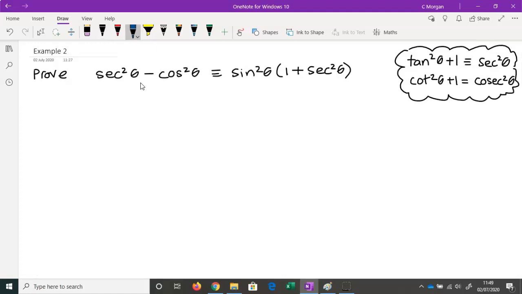Now, I wonder how many of you looked at the left-hand side and thought, oh, look, that's the difference of two squares. If you did that, this is what would happen. You'd end up getting sec theta subtract cos theta multiplied by sec theta add cos theta.